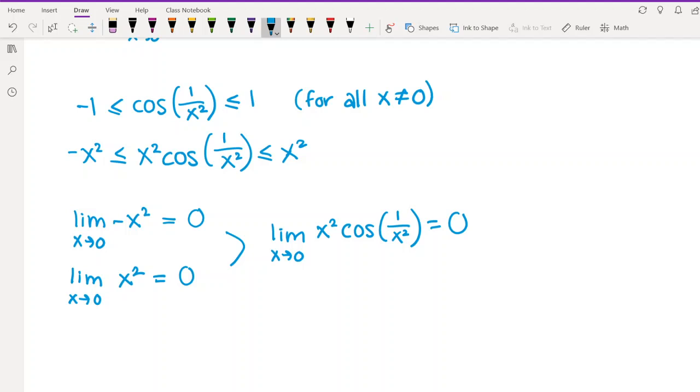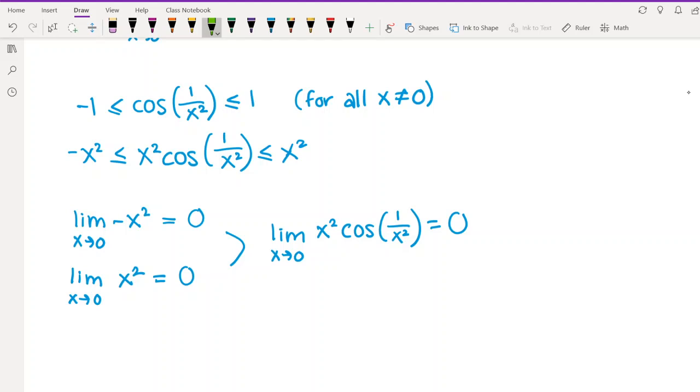I mentioned this a few times, but basically when you're using the squeeze theorem, I want to see all of these steps. I need to see you declaring what the functions are that your function is in between. I need to see you write down the limit of each of those functions and then use that to conclude that you have the same limit. On previous tests, people got points off on questions like this because you never expressed the limits.